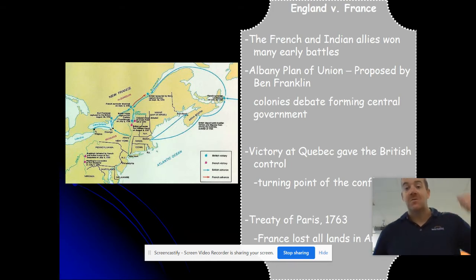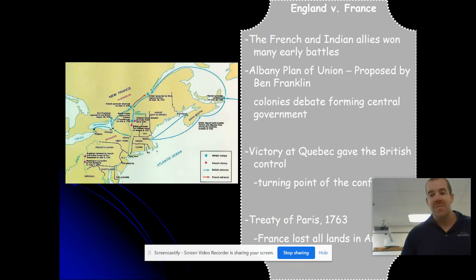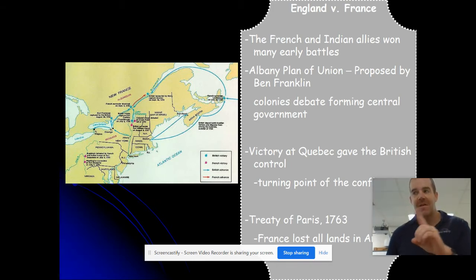The southern colonies were founded for an economic purpose. Now with this Albany Plan of Union, you have a plan to unite the colonies, the first one that's ever really happened. So they're debating forming a central government. This is key because it's the first time it's ever happened.